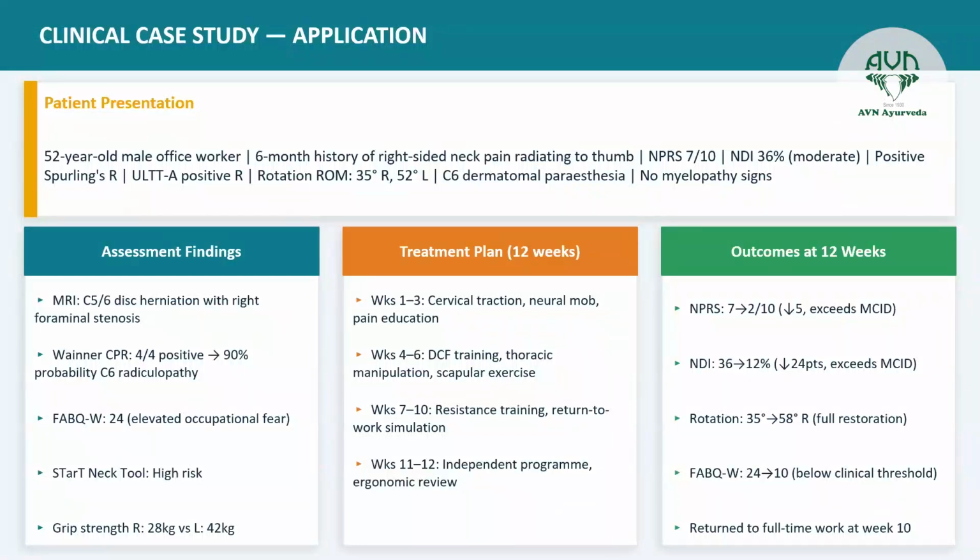Along with pain education we can give modalities like TENS or IFT, whichever suits the patient, and dry needling accordingly. Then we'll go on with deep neck flexor training, thoracic manipulation and thoracic mobility exercises, scapular setting exercises, and then we'll move on to resistance training, and return to work simulation, that is ergonomic correction and ergonomic advice.